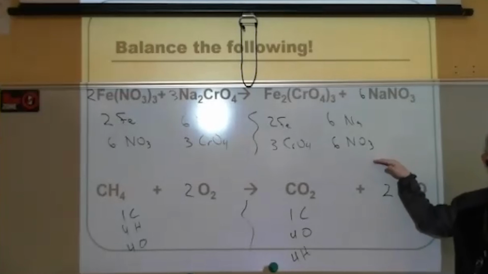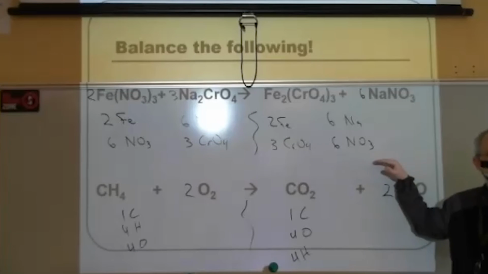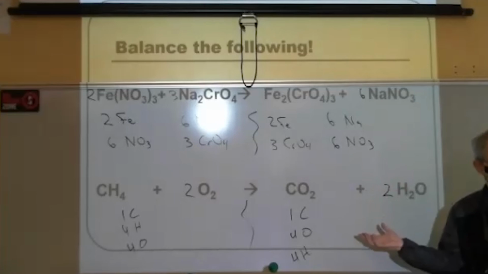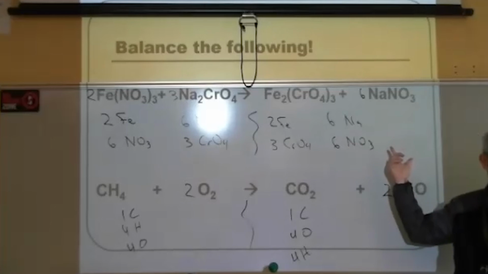What you're determining by balancing the equation is what ratio they will react at. Okay, so that when you do the lab in a lab setting, you'll know how much of your product you should be getting because you'll use those ratios later.